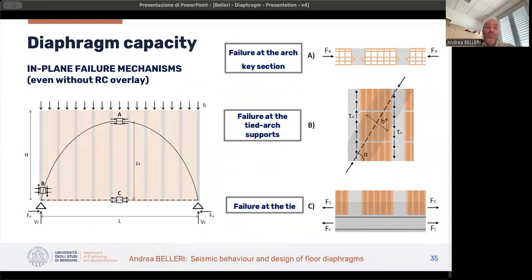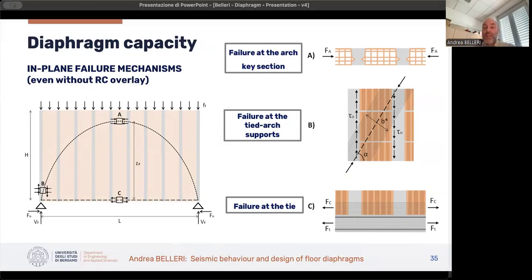One is associated to the high compression load transverse to the blocks at the arch key section, so the point A. The other one is the failure at the tied arch support, usually a shear failure close to the support, which is the point B, or we could have the failure at the tie in tension.